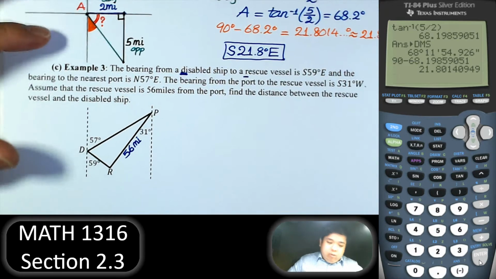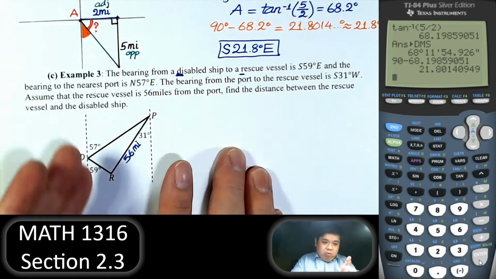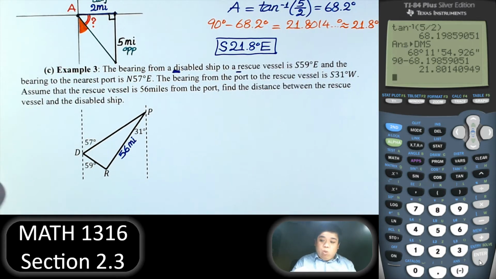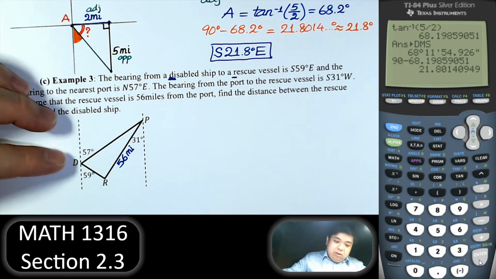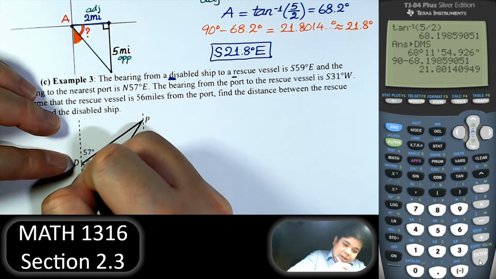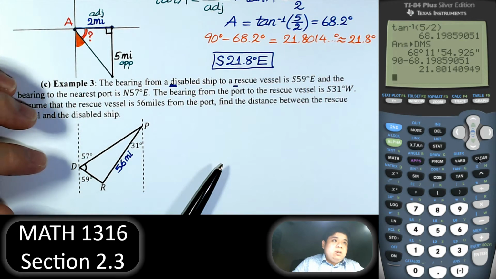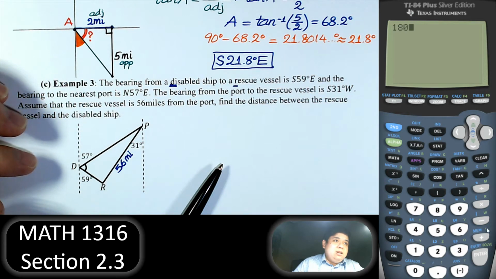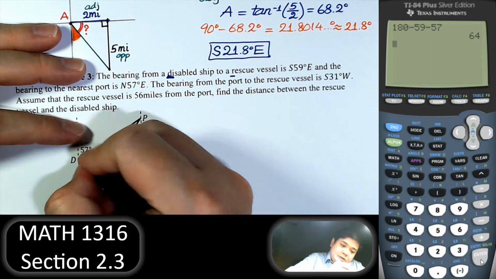First of all, the whole angle at D, from north to south, is 180 degrees. So first we can calculate this angle here. I take 180 and subtract those two angles: minus 59, minus 57, gives 64 degrees.